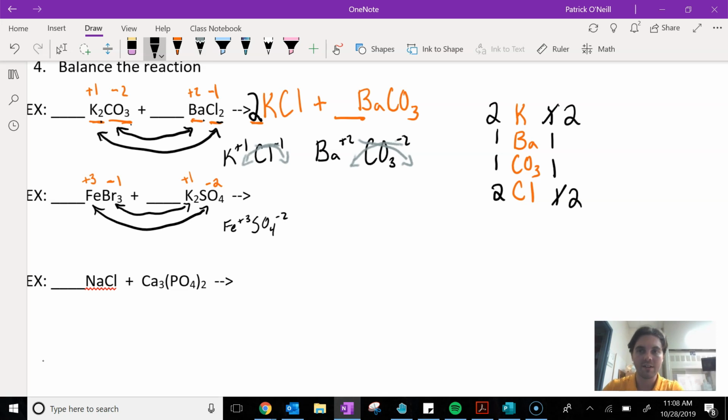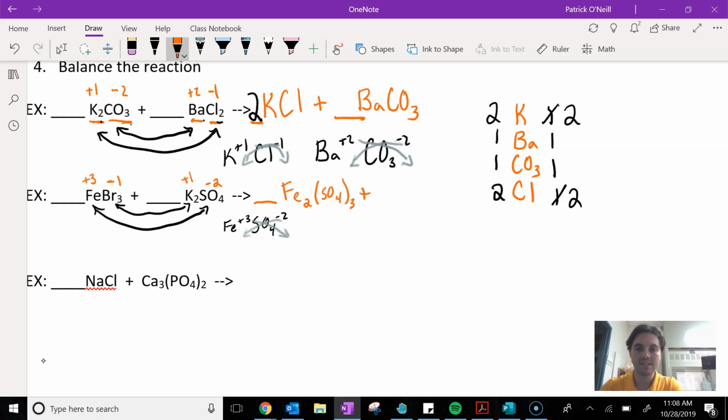So if we did our crisscross to figure that out, we should end up with Fe2(SO4)3.